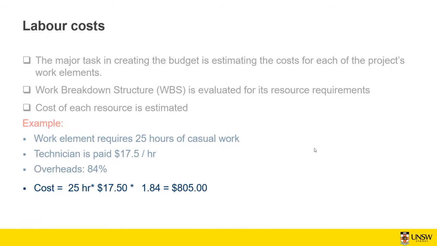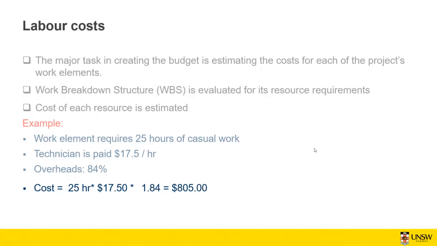These overheads normally apply to any cost elements. So no matter if you are paying for labor or materials, normally the overhead applies to the total cost of the project. But in some organizations it may be different. They only apply overheads to particular jobs, but not all the jobs.